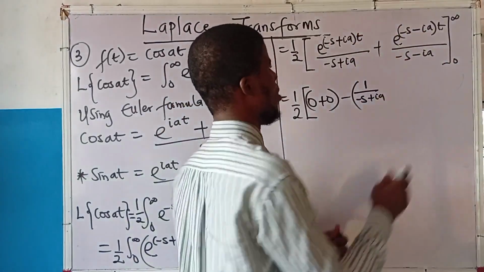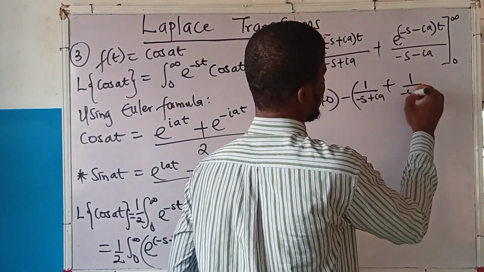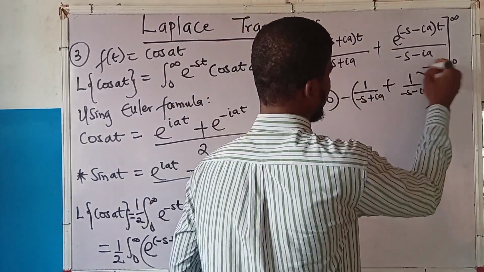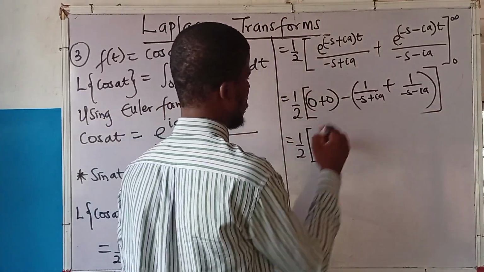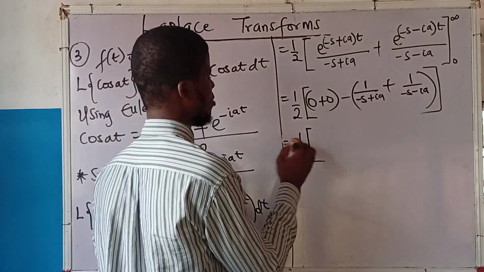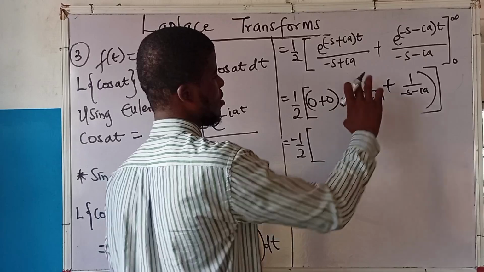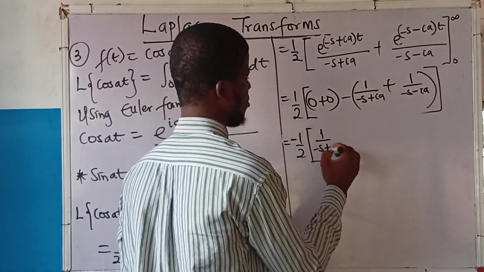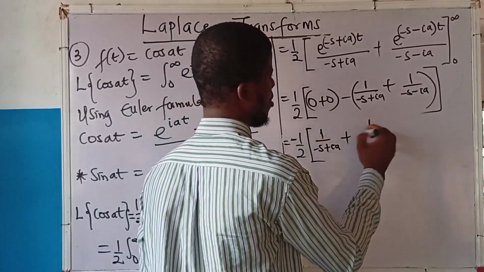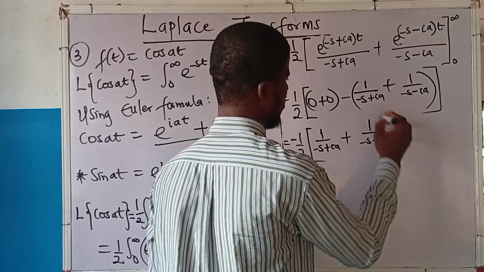Then I'll be having plus 1 over minus s minus ia. You get it? So this is 1 over 2 into, there's a minus here. That minus, let me just bring it outside since it's affecting everything in brackets. So I'll be having 1 over minus s plus ia plus 1 over minus s minus ia.